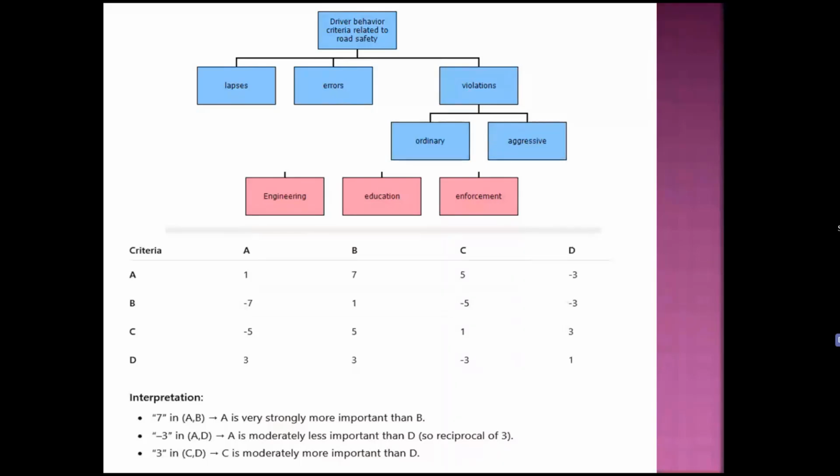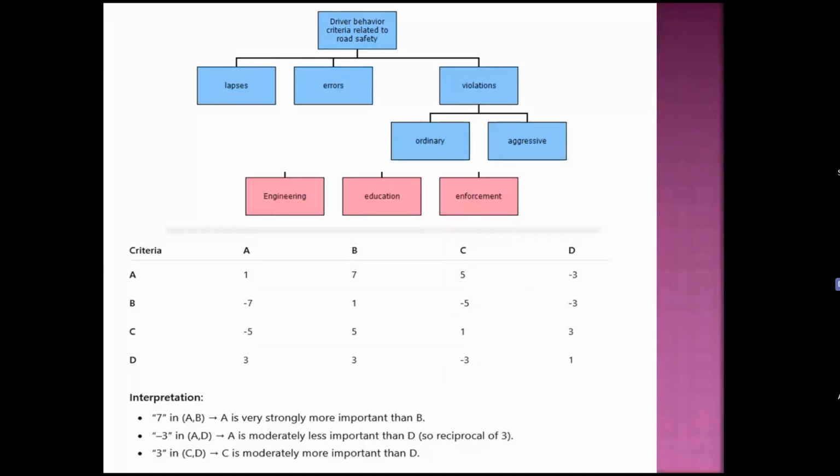We can learn easily today, and you can perform any type of multi-criteria decision making analysis, and it will show us the results. For example, today we will have an example related to road safety, that is, how driver behavior factors affect road safety. We have main factors for driver behavior, for example lapses, errors and violations, and these factors can be further divided into sub-criteria.